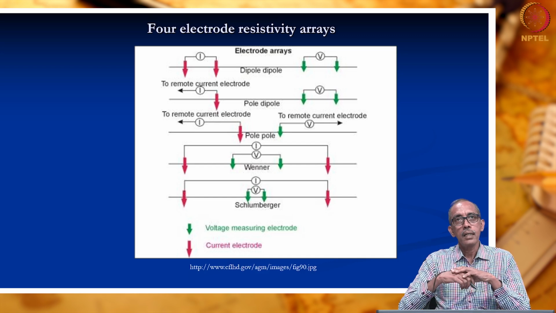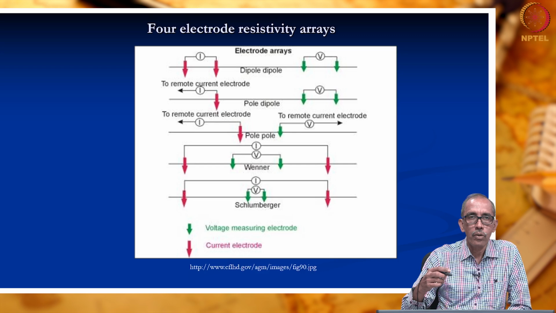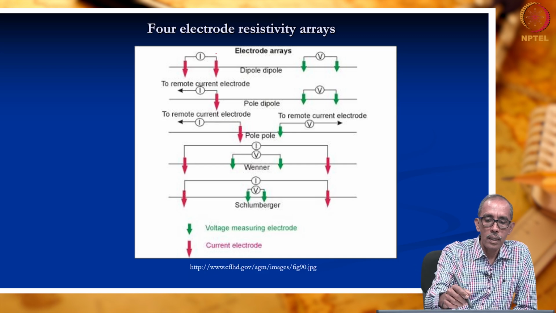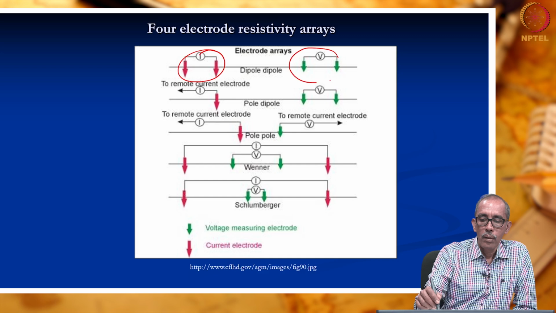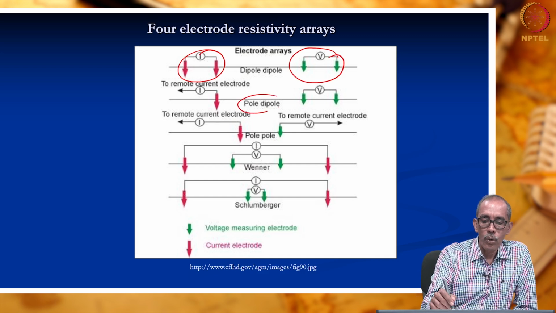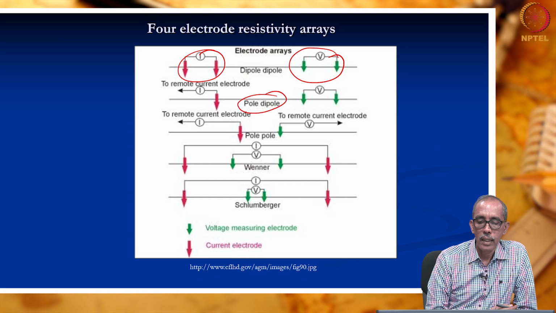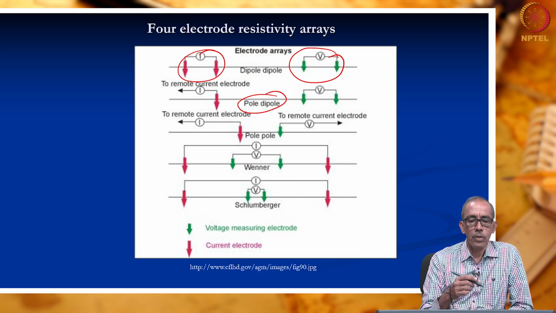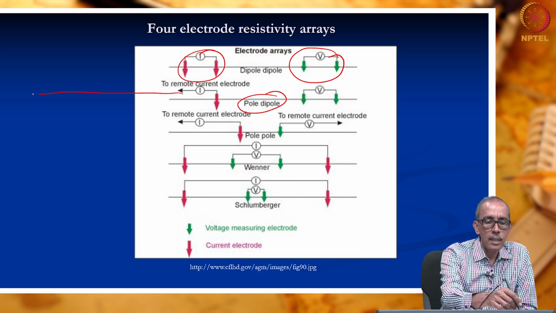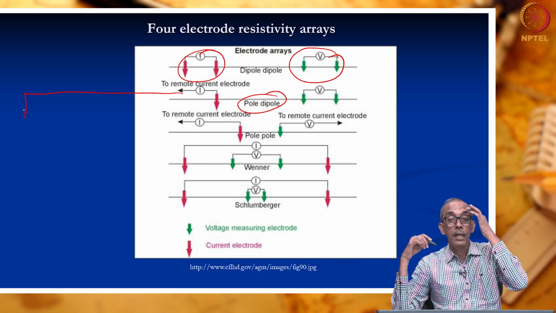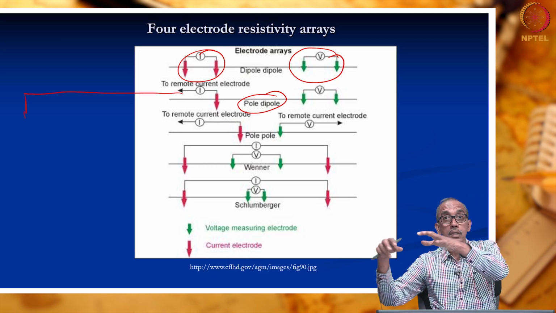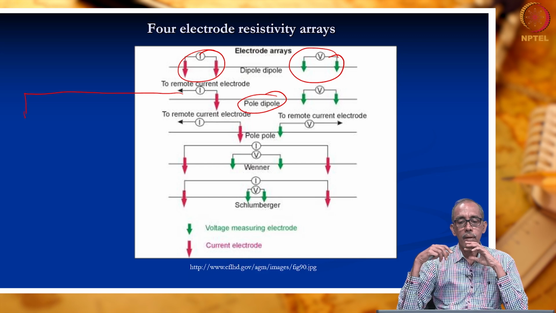So in this picture, again, I am showing you some popular ways of electrode arrangement. This is dipole-dipole arrangement, current electrodes, potential electrodes. Then another method known as pole-dipole method. Here, one of the current electrodes is kept at a greater distance somewhere, whereas all the other three electrodes are moved over the area.